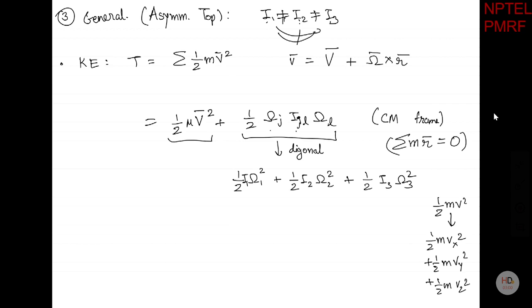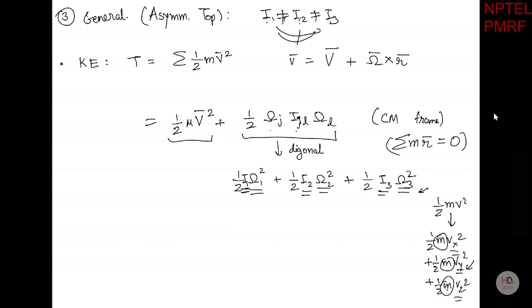So omega 1, omega 2, and omega 3 work as your Vx, Vy, Vz; these are angular velocities, these are linear velocities. But an important difference is that here you have the same mass terms as coefficients, while there they could be different. So that is important to remember. This is where the analogy breaks, kind of.